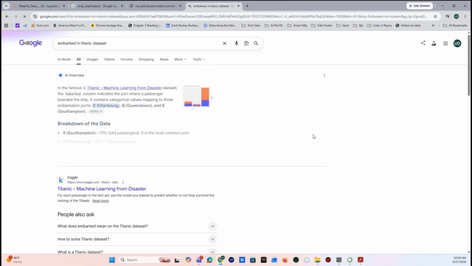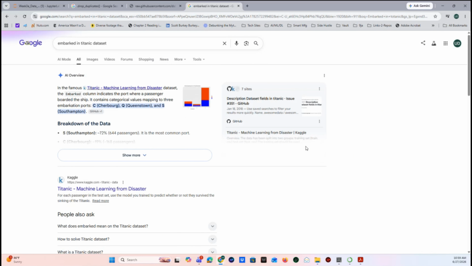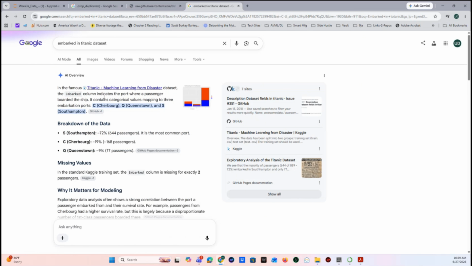You know, the other thing we want to check was embarked in the data. And this is why, when you get your data, you need to be able to put all of that metadata about the data so that someone can just look at the data and see everything that's there. So the embarked column indicates the port where the passenger boarded the ship. It contains categorical values mapping to 3 embarkation ports.